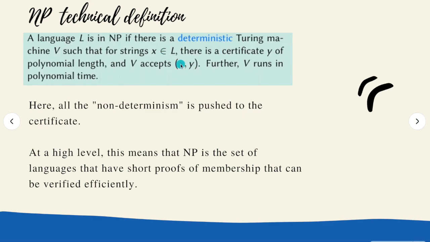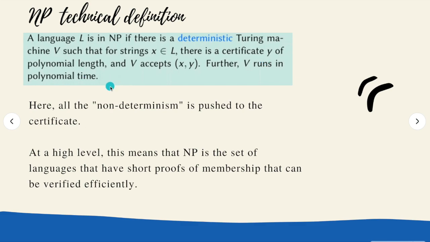So it takes in both X and Y and it accepts, and it does it in polynomial time. So a language L is said to be in NP if there is a deterministic Turing machine V such that for all strings X that belong to L, there is a certificate Y of polynomial length, and V accepts X comma Y and it does it in polynomial time.